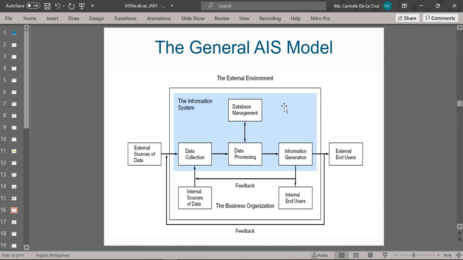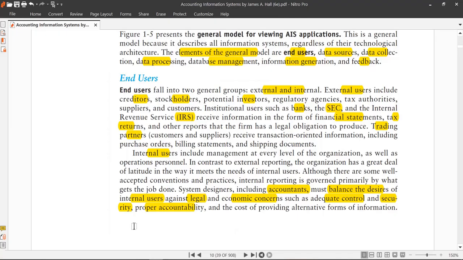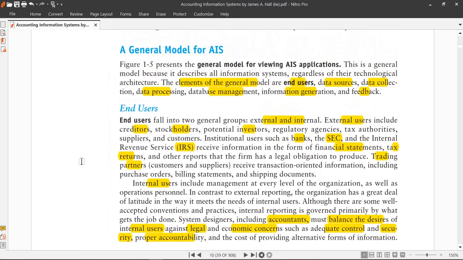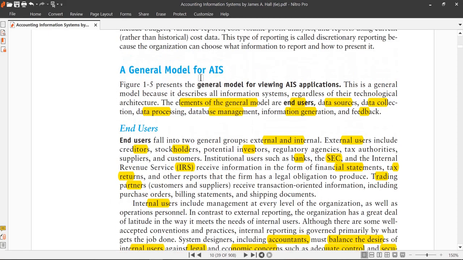Looking at it, we have a figure or diagram, which is a bit hard to explain by looking at it there, but it's easier to see over here. This is a general model for AIS. This is a general model because it describes all information systems, regardless of their technological architecture. So these are the elements of the general model.